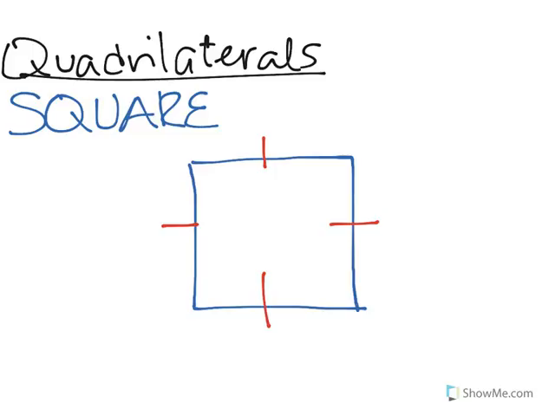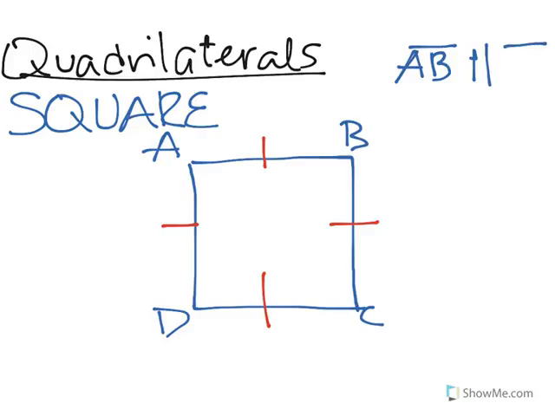So if I give a name to each vertex, A, B, C, and D, that tells me that side AB is parallel to side DC. AD is parallel to BC. All the sides are congruent.